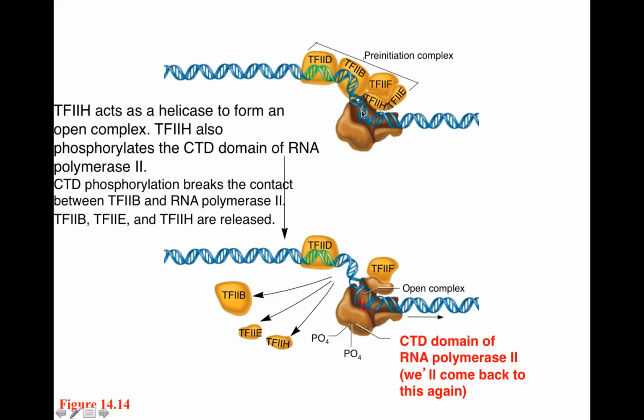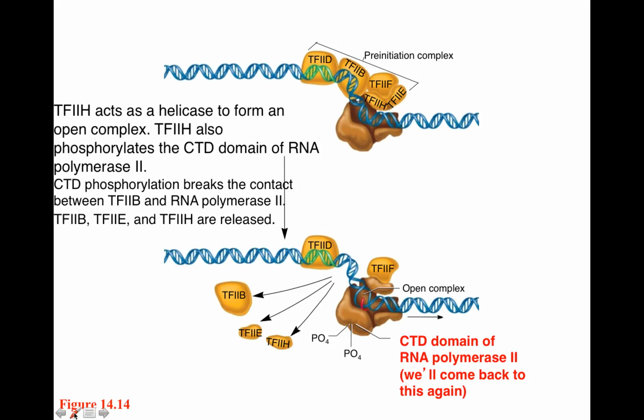So we need something to help stretch the two strands apart and break these hydrogen bonds, and TFIIH is just that protein. TFIIH also has a very important function in that it phosphorylates the C-terminal domain of RNA polymerase II.